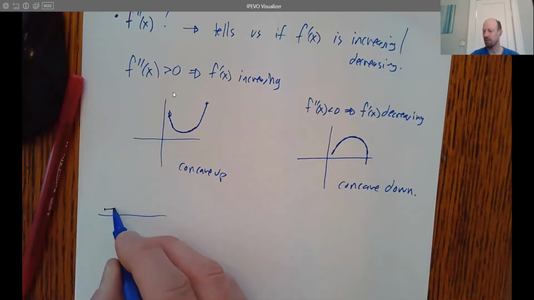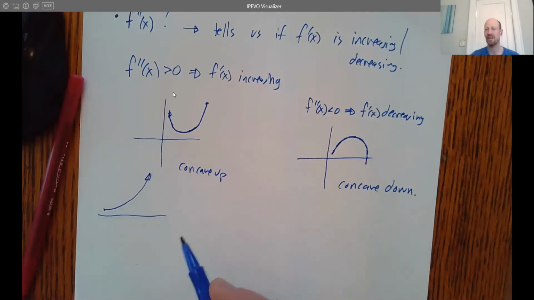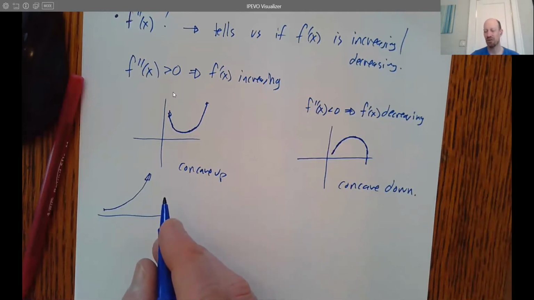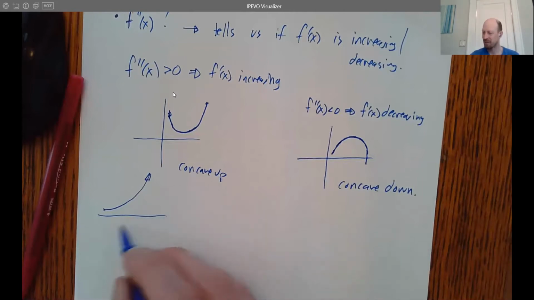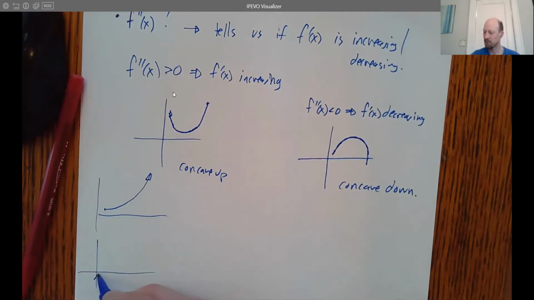If you're an optimist, you imagine increasing is looking like this, right? And you'd really like to buy that stock because it's going up and up and up. But increasing can also be like this. This stock is also increasing, but of course it's not nearly as desirable, right?